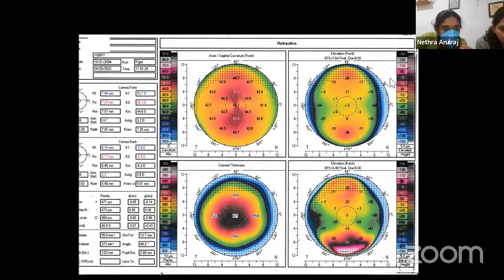Pachy center, it is 471 microns. And thinnest locus, at the apex, the pachy is 473, and thinnest locus 464, which is within normal limits from the apex. That is minus 0.68 in X coordinate and minus 0.88 in the Y coordinate. And the Kmax is coming to be 46.5.